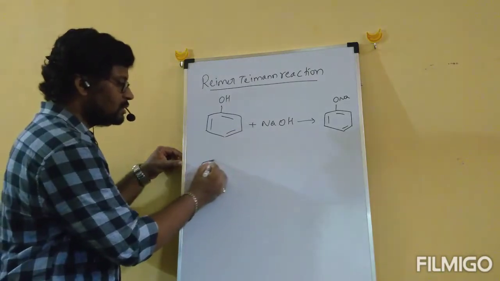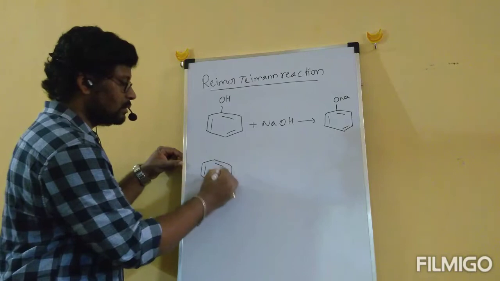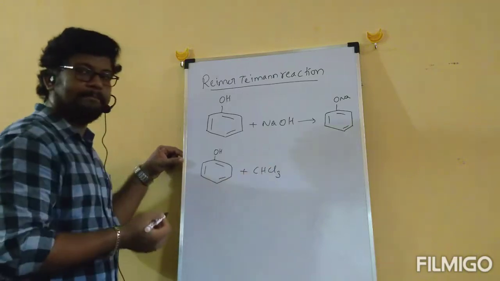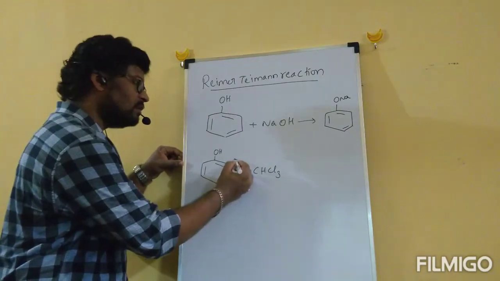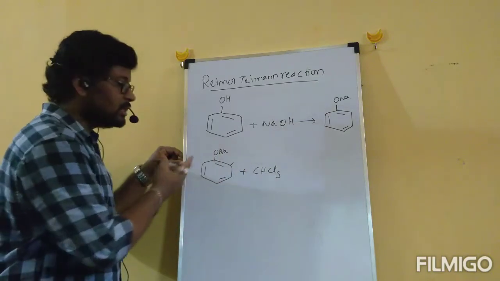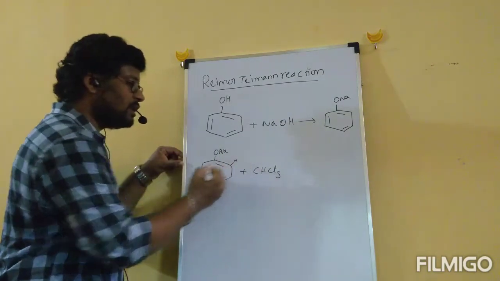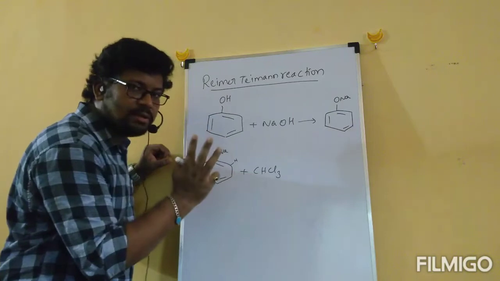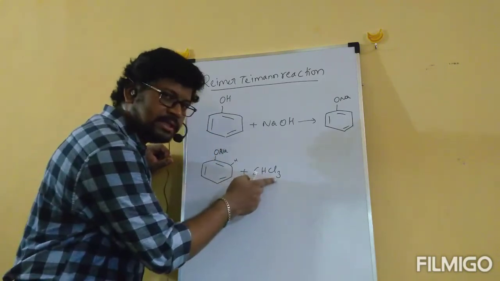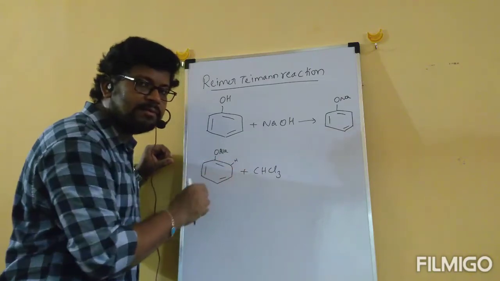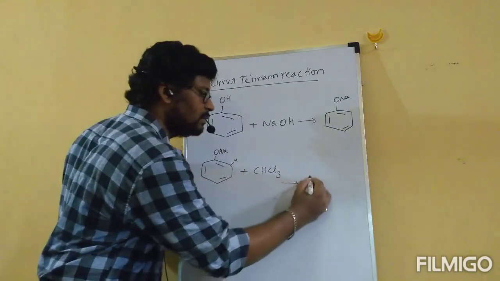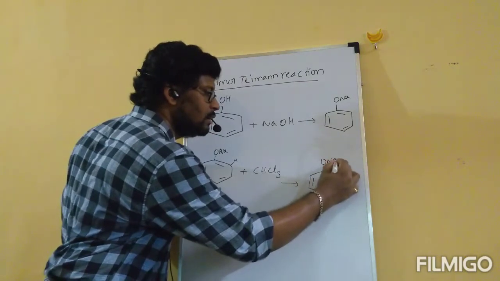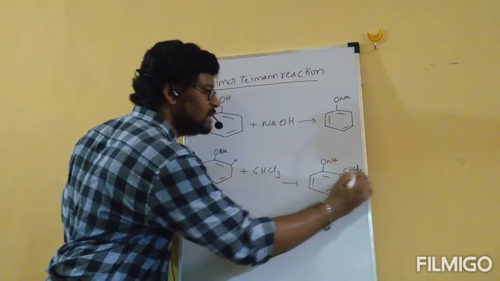In the second step, this sodium phenoxide reacts with chloroform. In the sodium phenoxide, in the ortho position we have hydrogen, and in CHCl3 we have three chlorine atoms, of which one chlorine present here and the hydrogen present here will be removed as HCl to get ONa, and in the ortho position CHCl2.